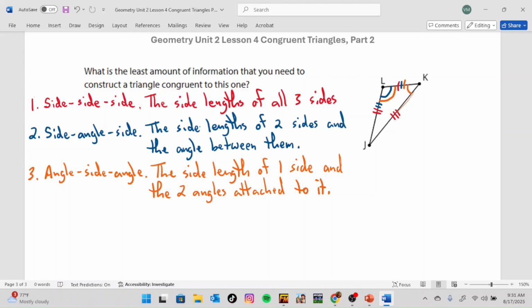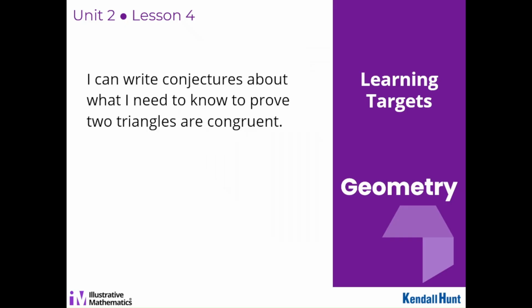I hope everything that we have gone over in these practice problems made sense. Let's go ahead and take a look at the learning target and just ensure that you know everything you need to before you move on to the next lesson. Reviewing the learning target for Unit 2, Lesson 4, there was only one.